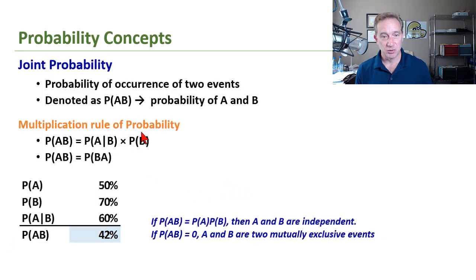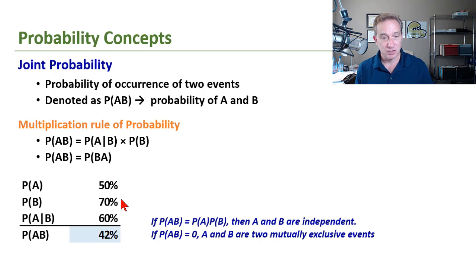And here we have the multiplication rule of probability. I just showed you that really, right? The joint probability of A and B is equal to the probability of A conditional on B multiplied by the unconditional, aka marginal, probability of B. And notice we also have this, I suppose a symmetry principle. The joint probability of AB is necessarily equal to the joint probability of BA.